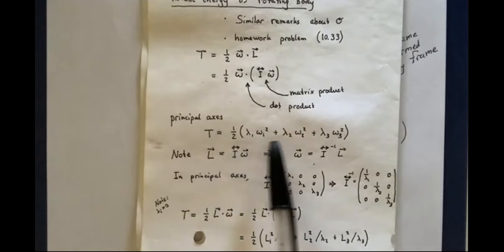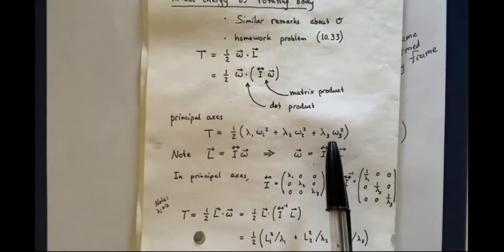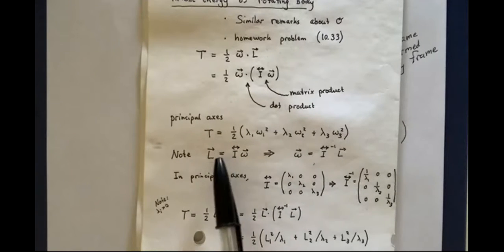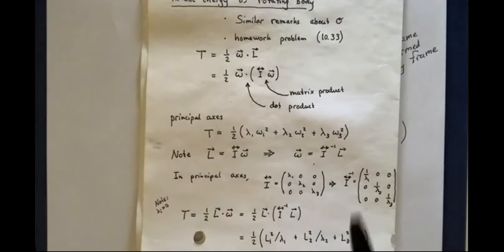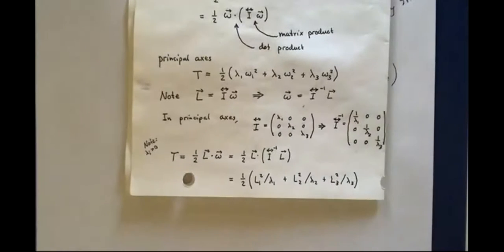We have one expression for the kinetic energy, and then you can rewrite this so that the kinetic energy has a structure, down here at the bottom: there's a 1/2 as always, and you have L1 squared over lambda 1 plus L2 squared over lambda 2 plus L3 squared over lambda 3.